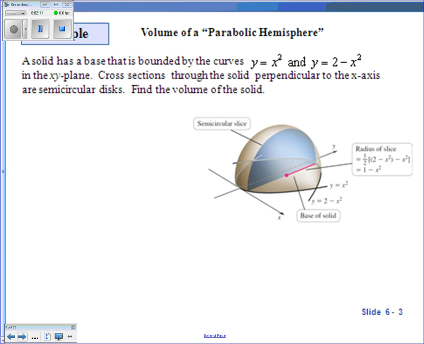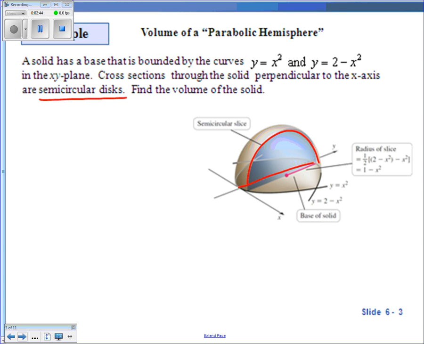Okay, so now we have a solid that has a base that's bound by these curves, y equal x squared and y equal 2 minus x squared in the xy plane. Cross sections, they're telling us how to get these cross sections. Cross sections through the solid perpendicular to the x-axis are going to be semicircular discs. So we're slicing it perpendicular to the x-axis, so a slice down this way is going to give us this disc.